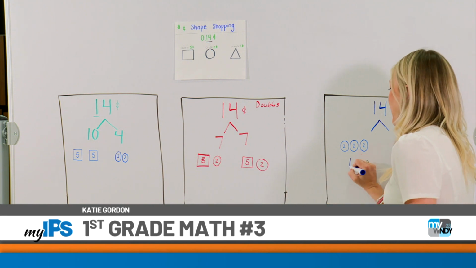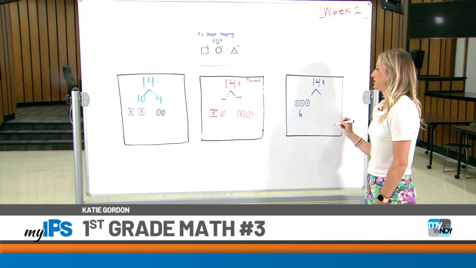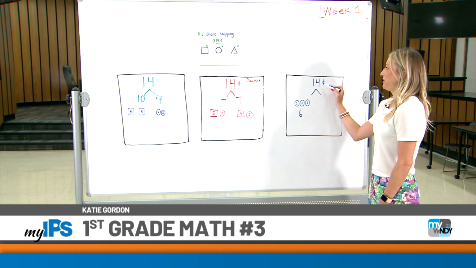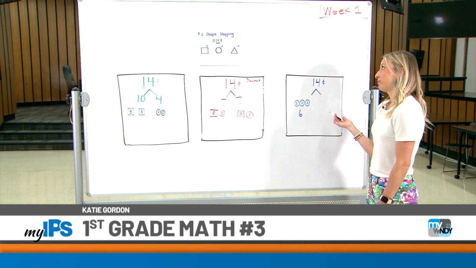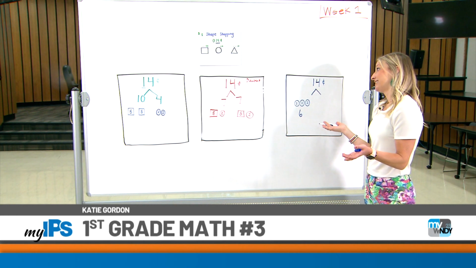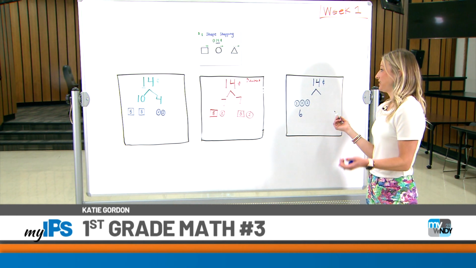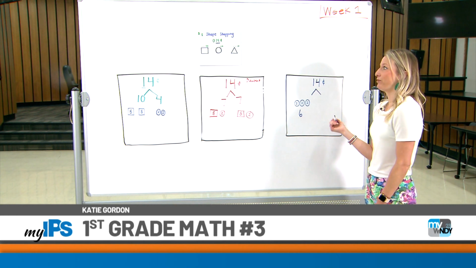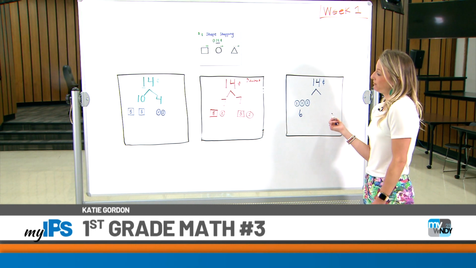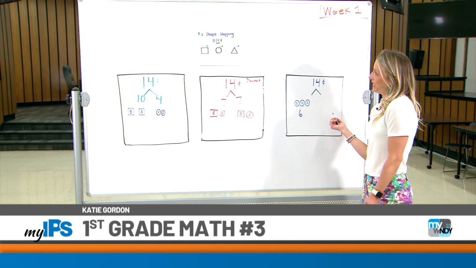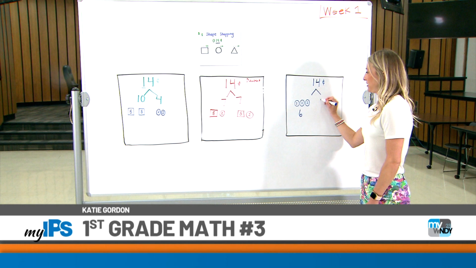Okay, so here's my 6. Good. Then how many more do I need to get to 14? Well, I still have quite a lot of change left. But I still just kind of want to keep with my circles. Or should I add a square? I think we could do a square.